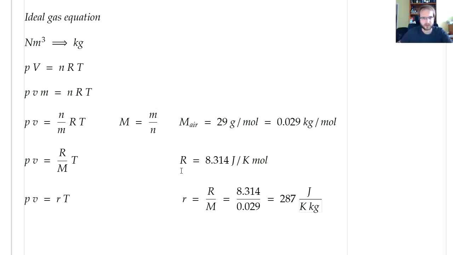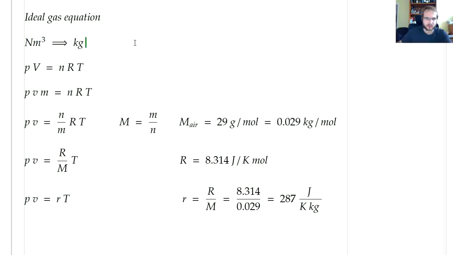Okay, so now we have this equation PV equals RT, and for the normal cubic meters, so what does the normal mean?